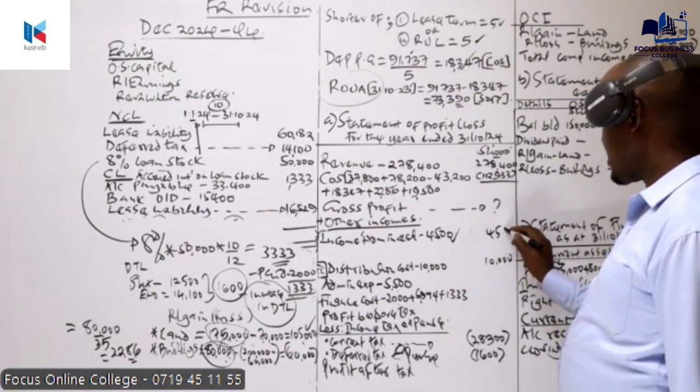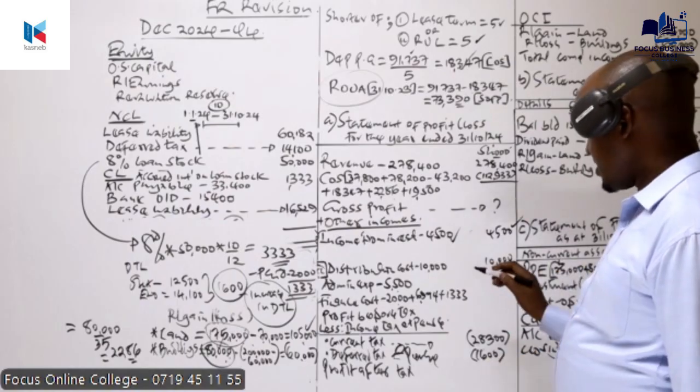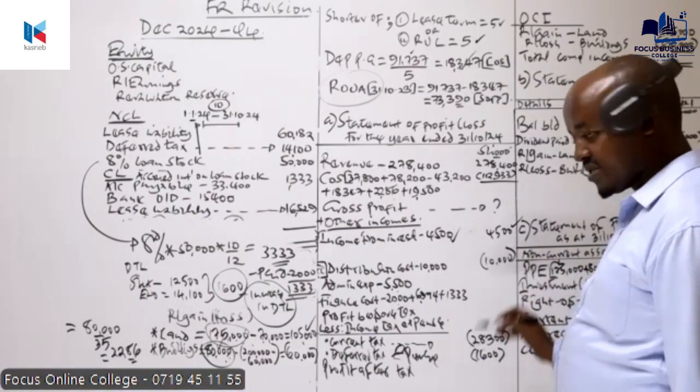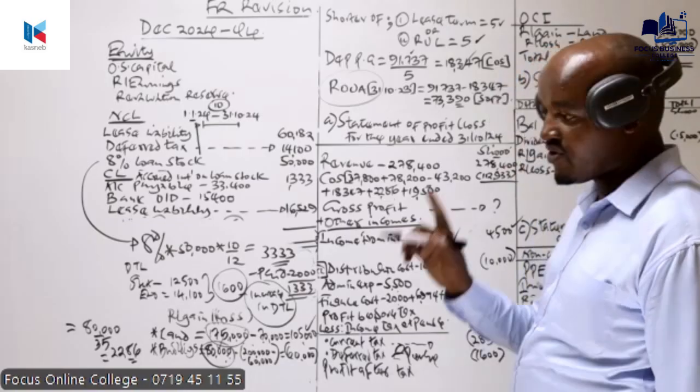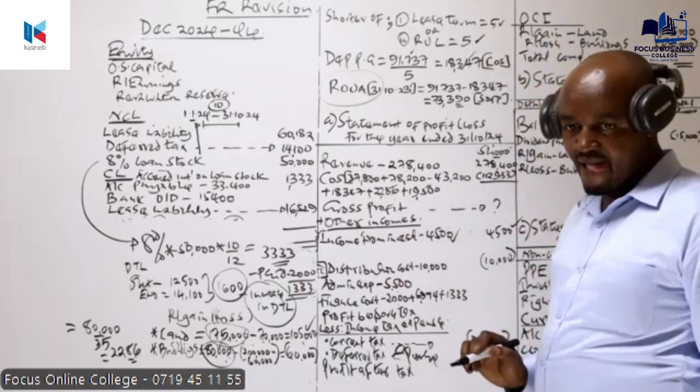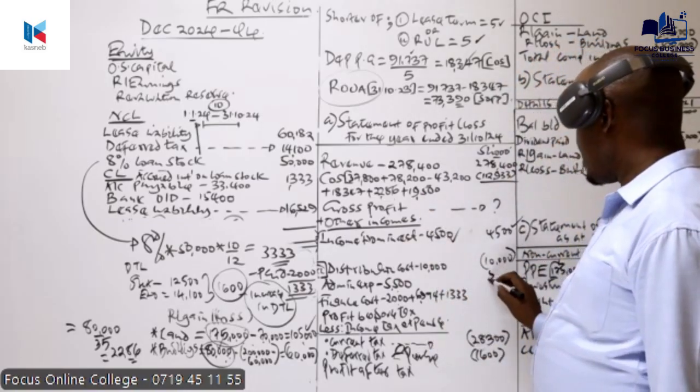So let's just record it here, and because it's an income, it is positive. When recording an expense, you must put it as a negative, otherwise if you record it as positive it is wrong. Admin has no adjustment.